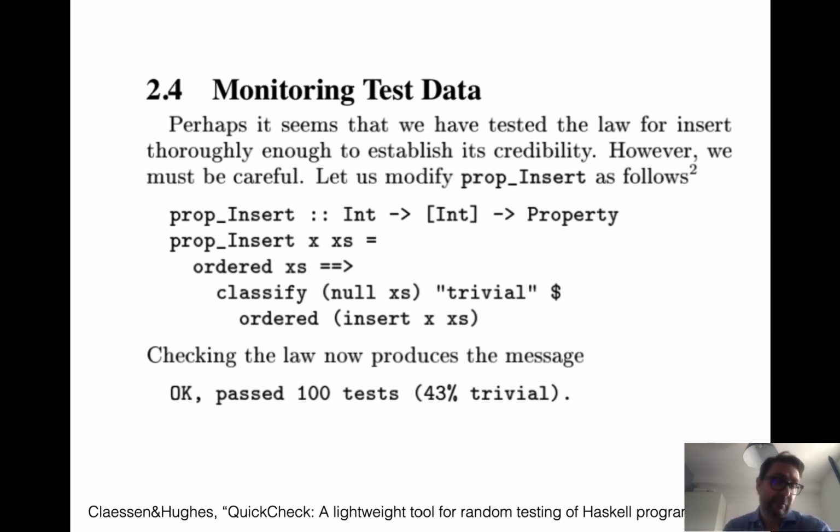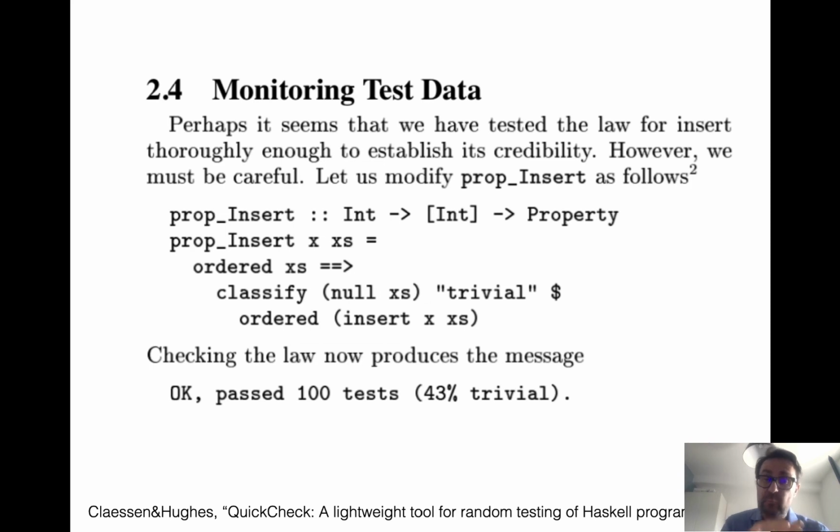So when it's not null, so when the length is above 0, so there are some elements in the array, then it will not be classified as trivial, so it will just be unlabeled. And then we go on to write the property on the next line. So never mind the $. This is Haskell specific. And then we have now, if it was ordered, then again, it should still be ordered after we do an insertion.